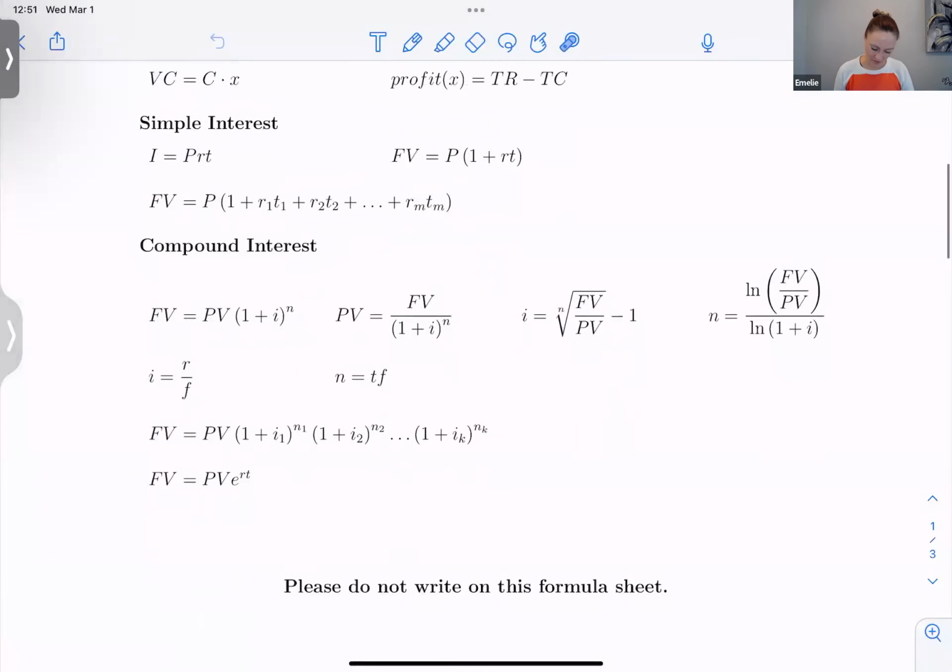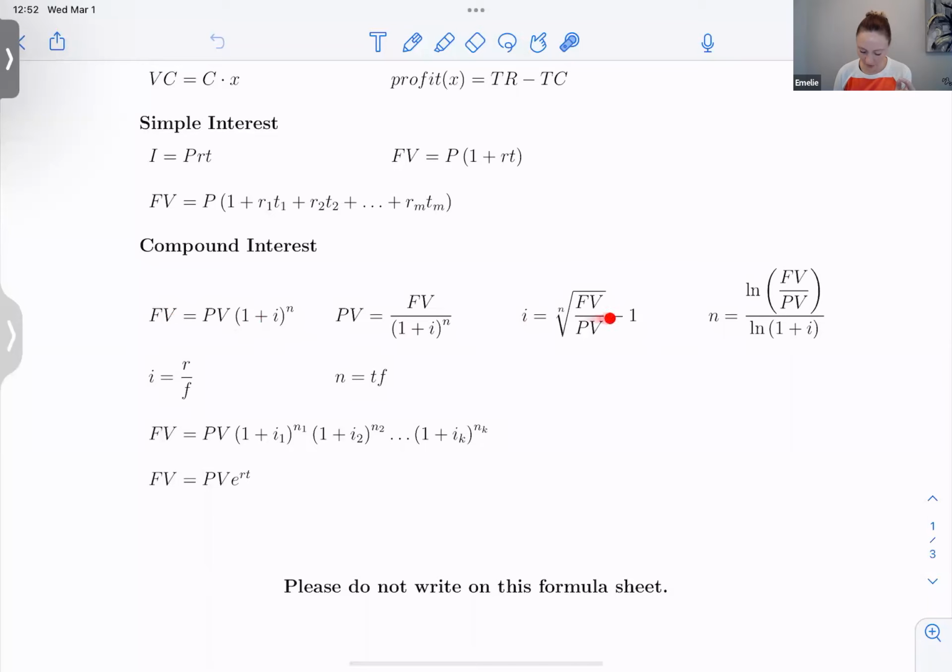We're making our way through the formula sheet, right? And the compound interest section is quite large, but we've already tackled two of these. So that feels like a freebie, right? And then, spoiler alert, this one is the only one you really need.